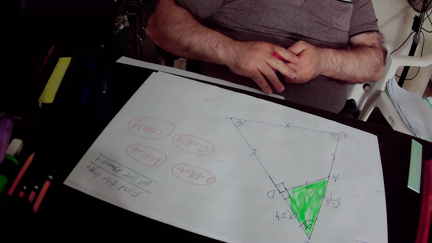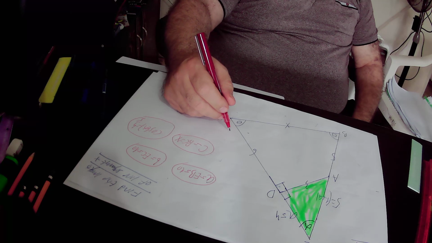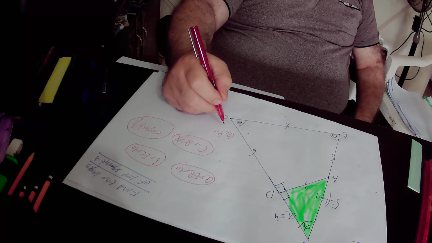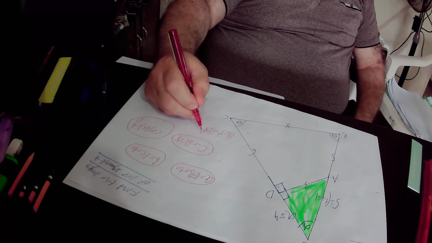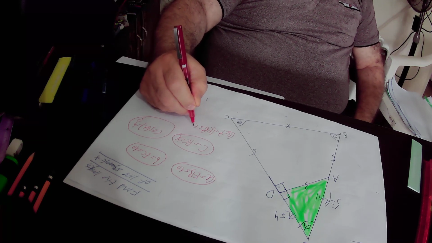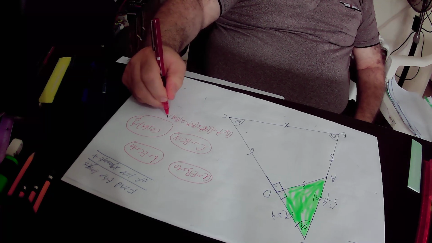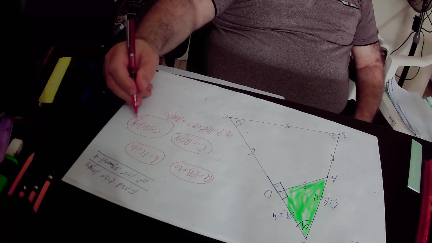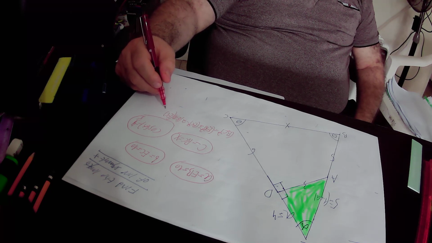So according to the law of cosines, C squared, which is BC squared, equals A squared, which is EB squared, plus B squared, which is EC squared, minus 2 times EB times EC, times cosine alpha, and we'll substitute cosine alpha by 4 over 5.